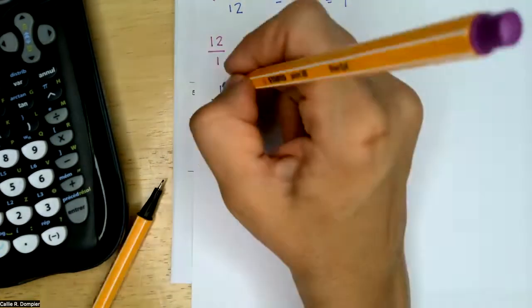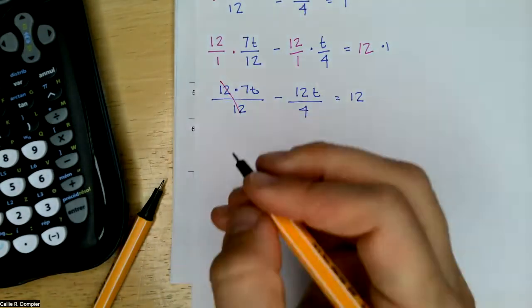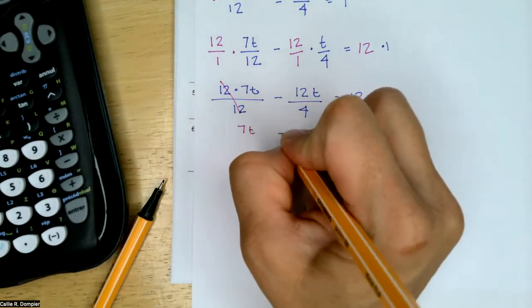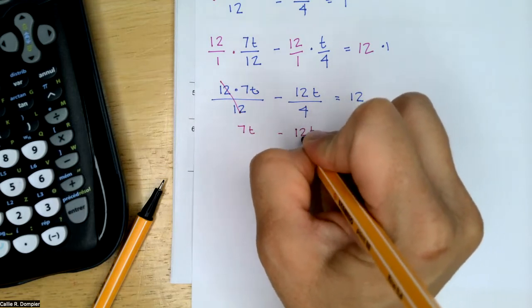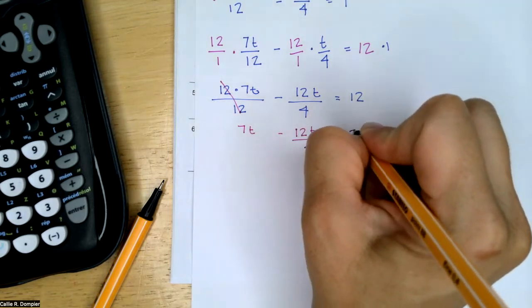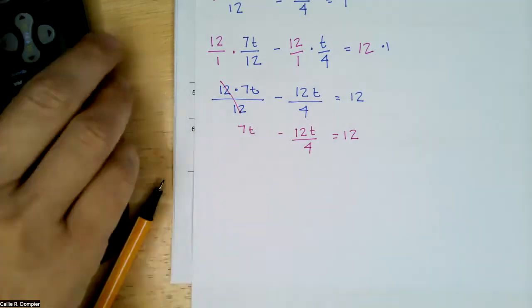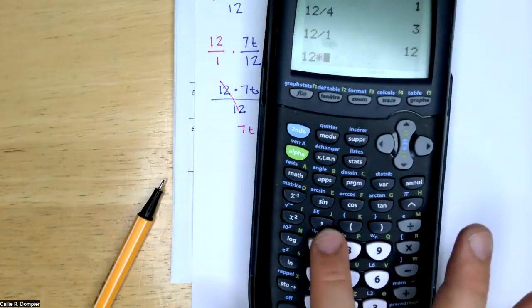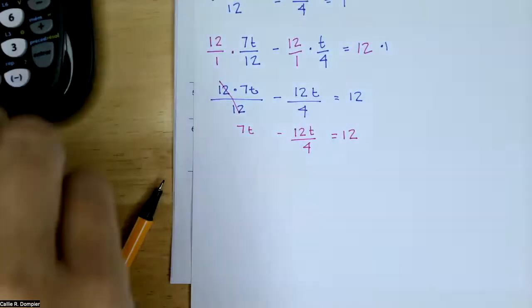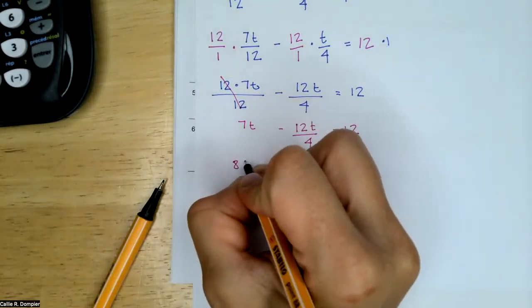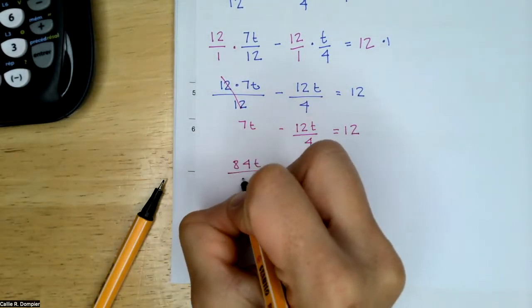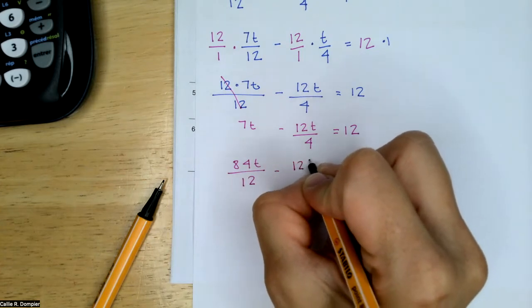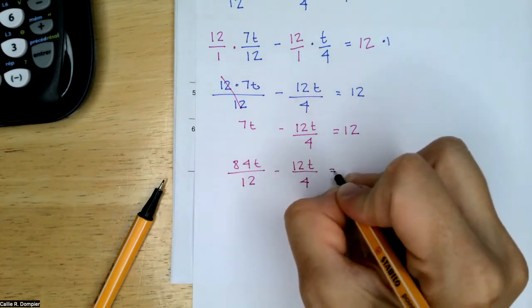So remember, we can either cancel these now and just call it 7t, or we can say 12 times 7 is 84t over 12 minus 12t over 4 equals 12.